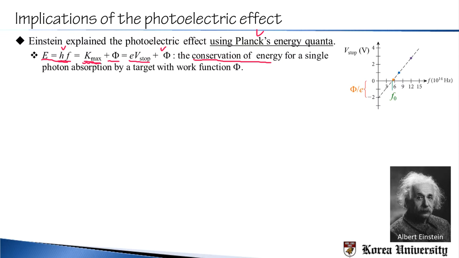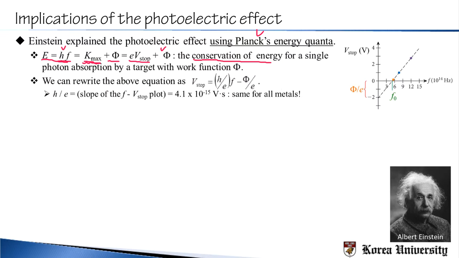Then you can rewrite this equation this way. Now V stop is expressed in terms of the frequency, and this is a linear function. So therefore, the slope of this line is h divided by e, which is here.